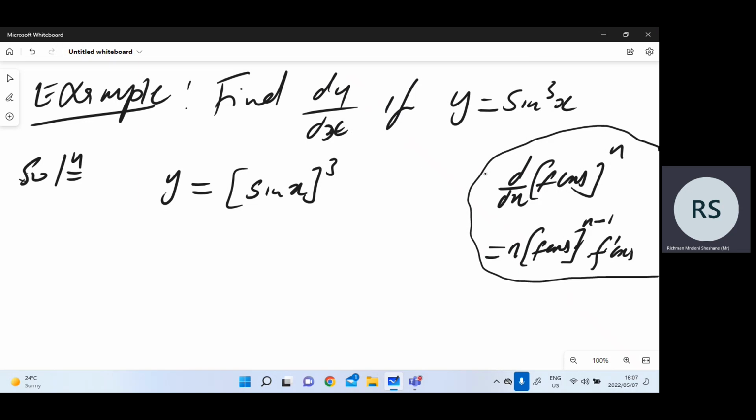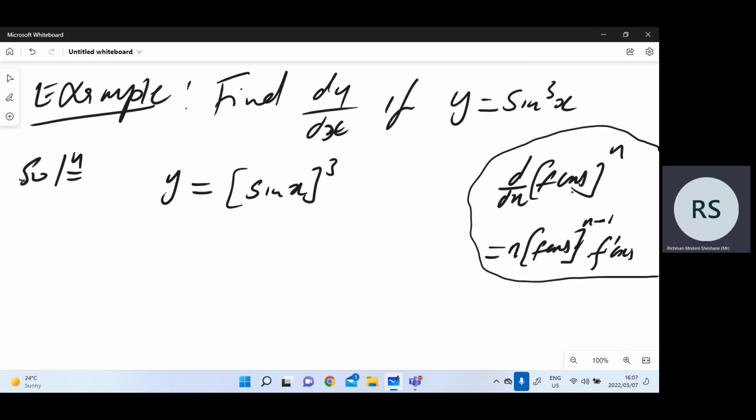So I'm deriving a function that is to the power of n. Here if they're writing f of x, remember it can be any function. It's not always algebraic. For simplicity, I always try the example with the algebraic functions. The more you understand the rules of this formula, I can put now f of x as any function, such as an exponent function.